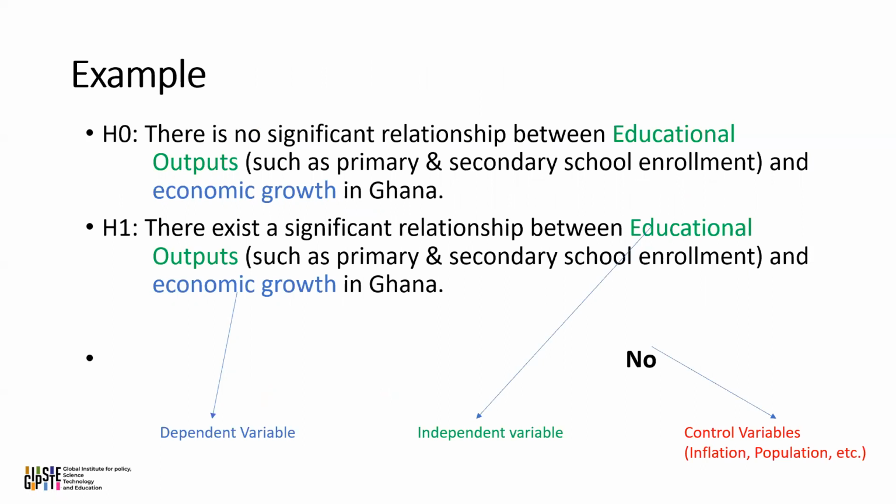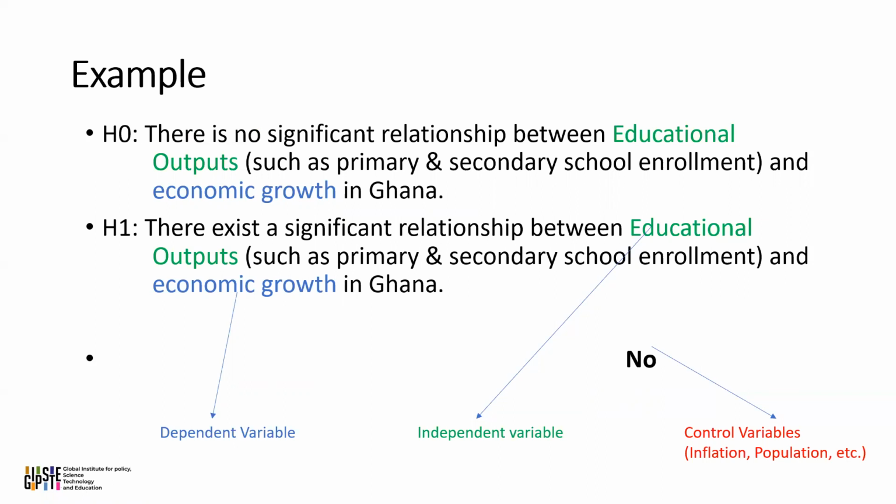The null hypothesis reads that there is no significant relationship between educational output, such as primary and secondary school enrollment, and economic growth in Ghana. The alternate hypothesis that negates all that, the reverse of the null hypothesis, reads that there exists a significant relationship between educational output, such as primary and secondary school enrollment, and economic growth in Ghana.